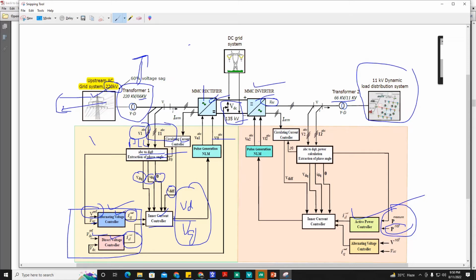It is also responsible for controlling the AC voltage. Again, the D component of the current, ID reference, comes from here, IQ reference comes from here, and the inner current control and the remaining portion are similar to those of the rectifier station. So this is the proposed system model.